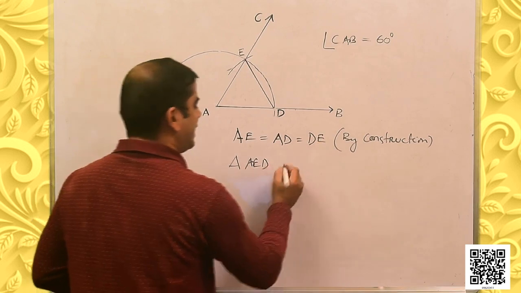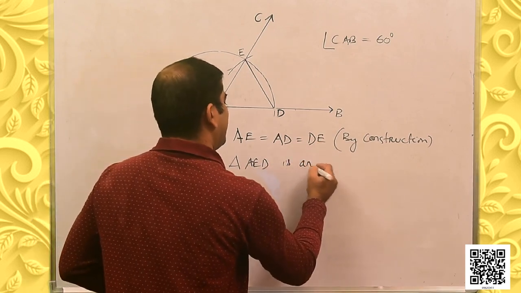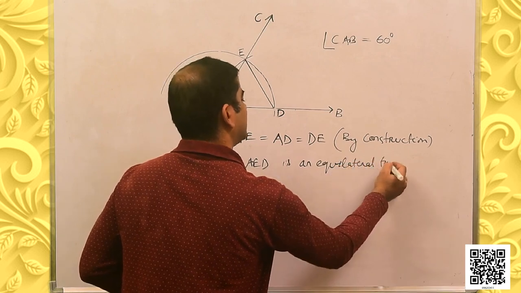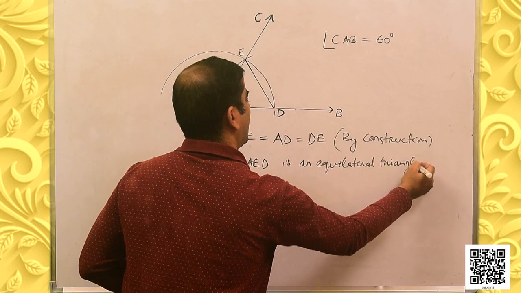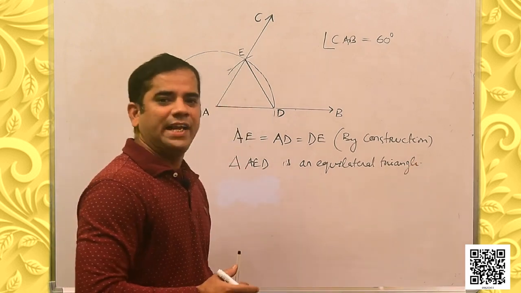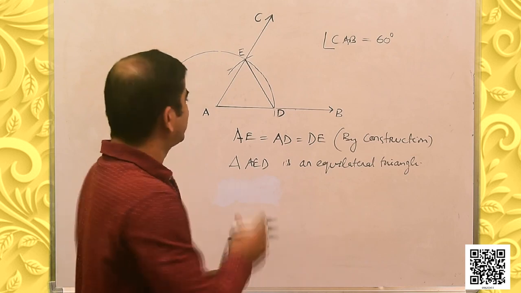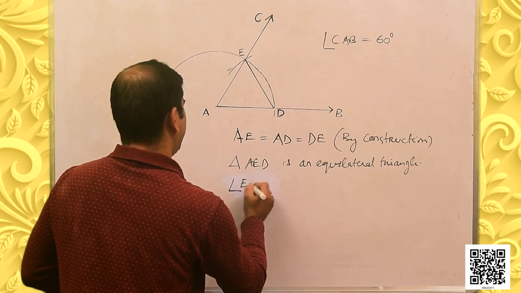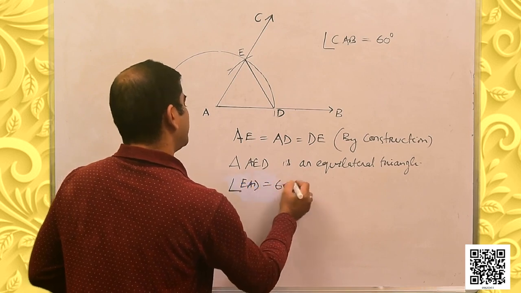That means triangle AED is an equilateral triangle. And we know from the properties of triangles that each angle of an equilateral triangle is of 60 degrees. So, angle EAD is equal to 60 degrees.